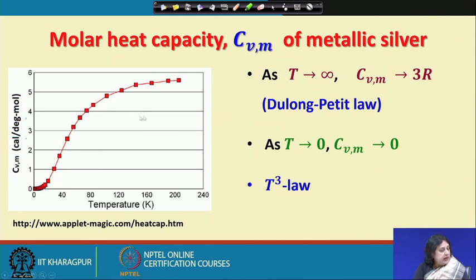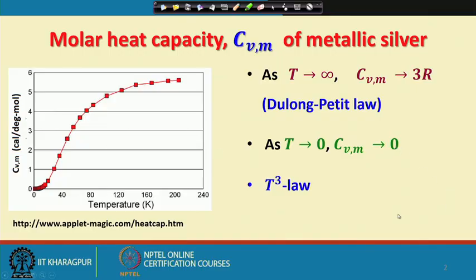The way it approaches 0 at very low temperatures has been the subject of investigation in a very large number of studies, and there is a law formulated based on the generic behavior found for a very wide range of solids, known as the T cubed law.